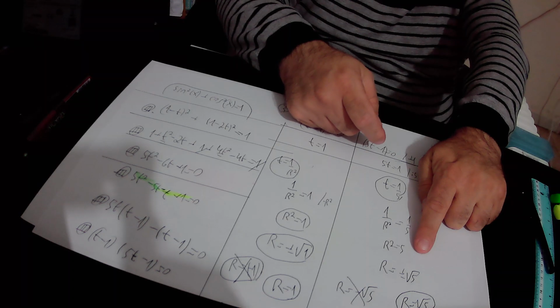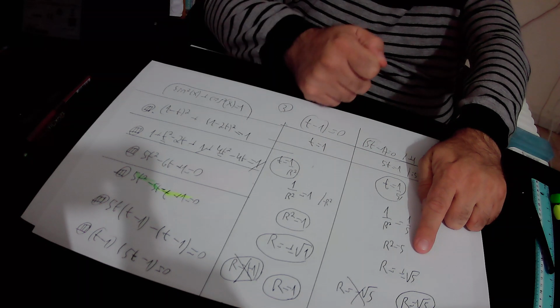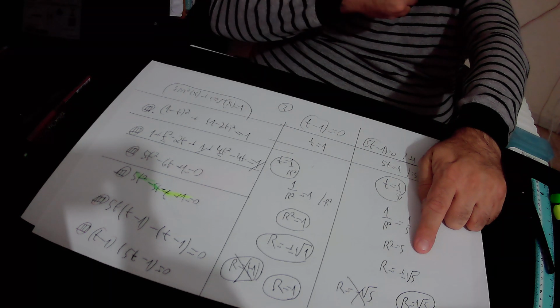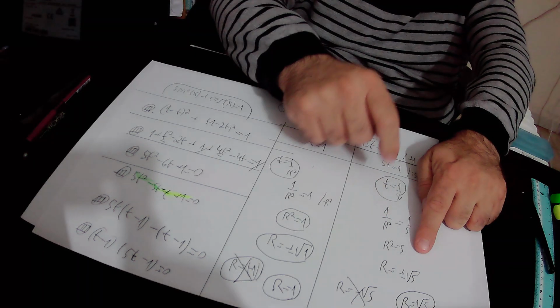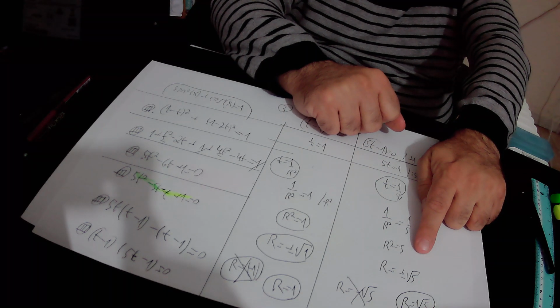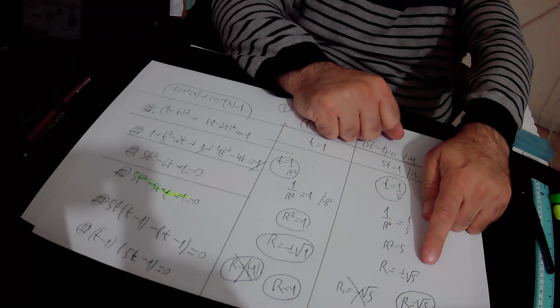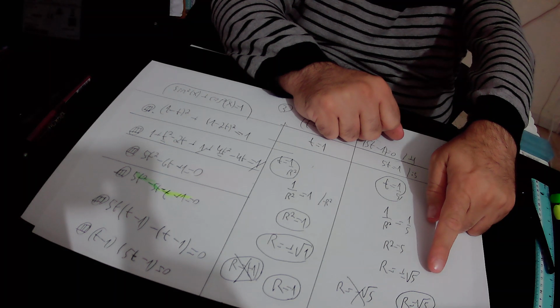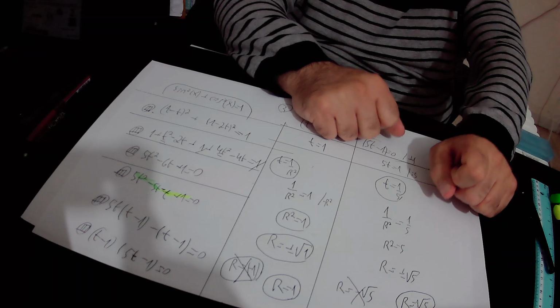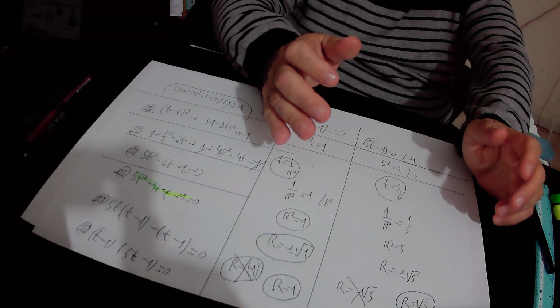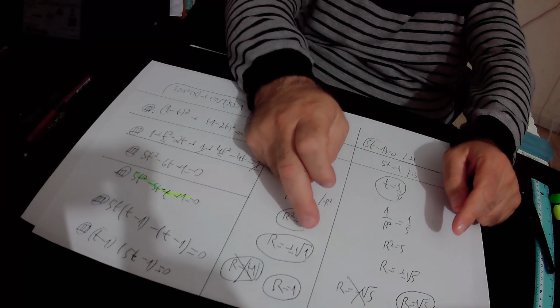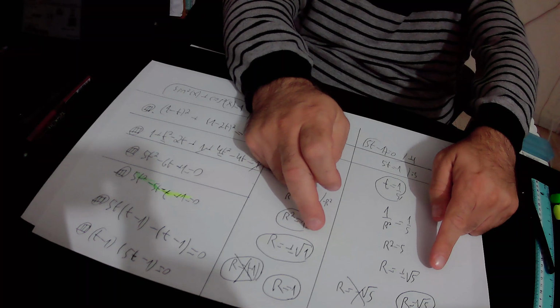Why? Because r is a length, and the length must be a positive number, so we cancel this negative solution, and we are left with the only possible solution, that r equals the positive square root of 5. So in conclusion, we have two solutions for r, either r equals 1 or r equals square root of 5.